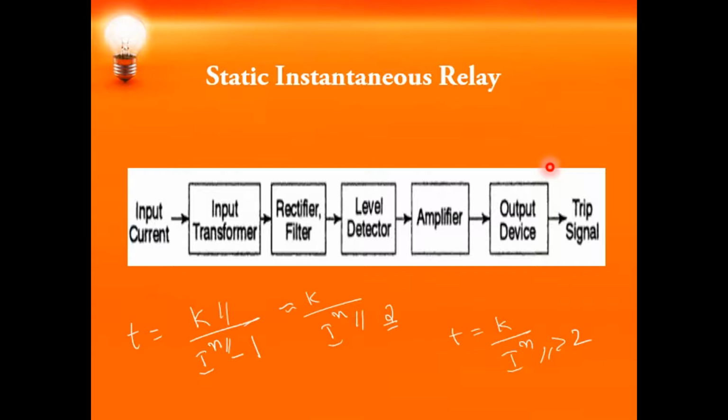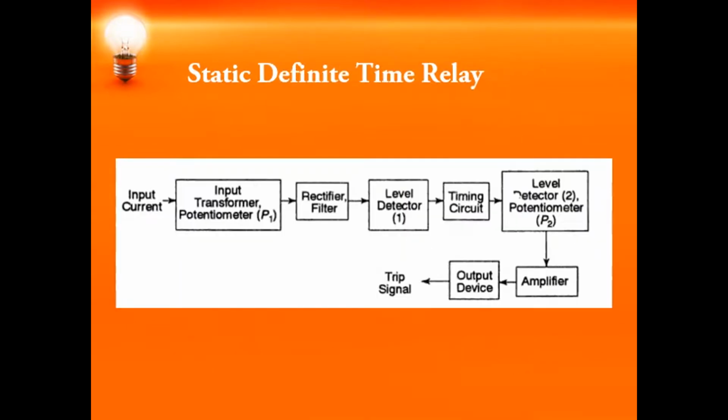Next we'll see a definite time overcurrent relay. We know that in the case of definite time relays, irrespective of the magnitude of the fault current, the operating time of the relay is going to be the same, right? So in the case of static type relays, you have to set the time. How are you going to set a time?